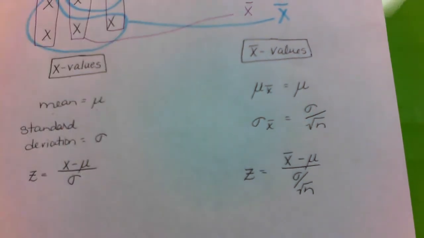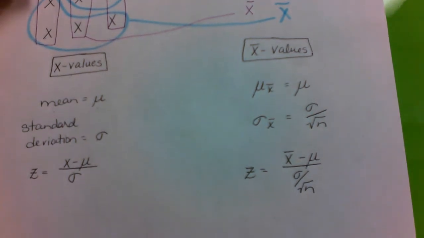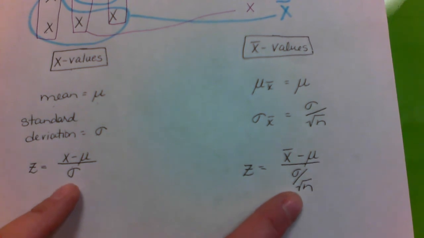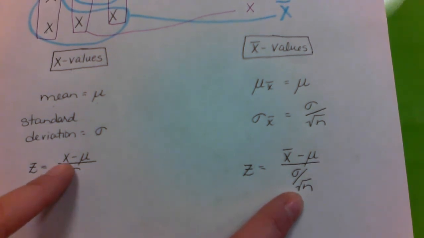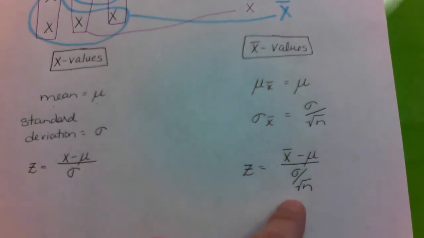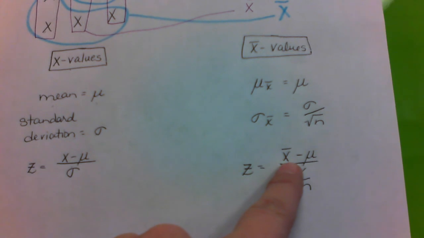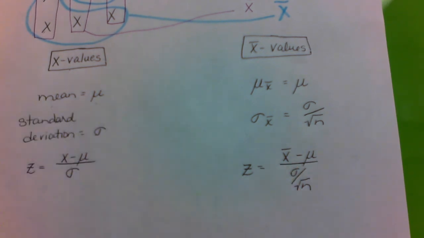Now, when we get into chapter 6.5, the key is knowing when to use this z value when you have one item, one person, as opposed to using this z calculation, and this is when you have an average of multiple people or multiple items. So that's kind of an introduction for 6.5, but it is talked about in 6.4.